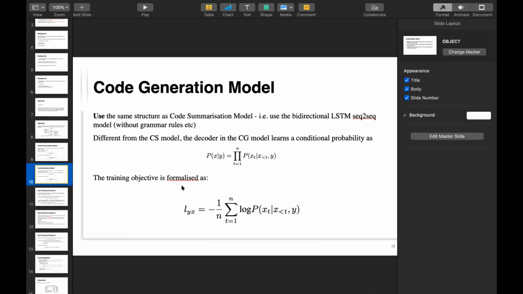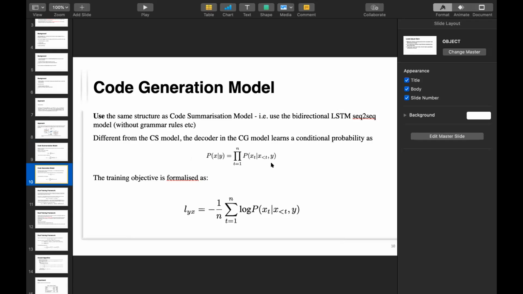Similarly, we have the code generation model. It is also using the same structure as the code summarization model, that is the bidirectional LSTM sequence-to-sequence model. Different from the CS model, the decoder in the code generation model learns a conditional probability like this.